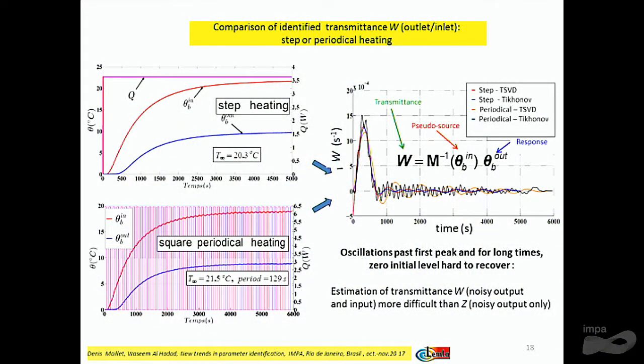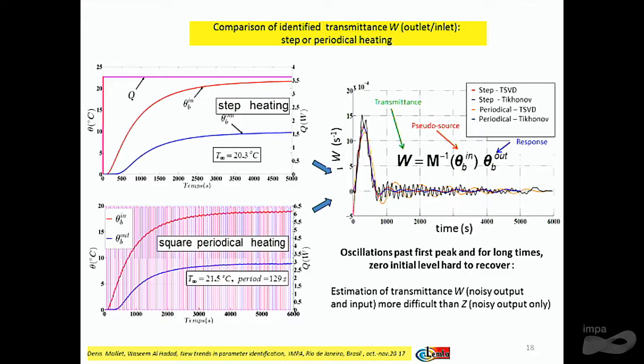So now we did the same. We tried to measure the transmittance between the two temperatures. We use either truncated singular value decomposition or Tikhonov, for step excitation and for periodical excitation. It was a little less nice than in the first case, but globally it's the same shape.